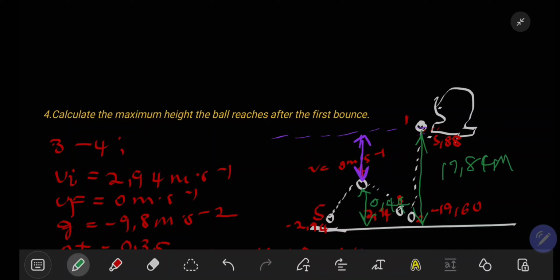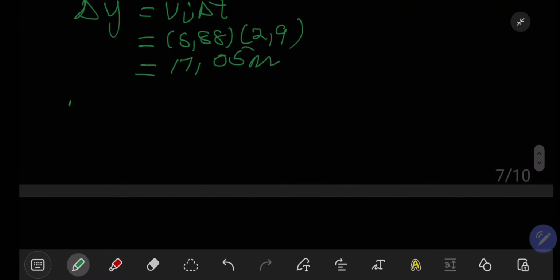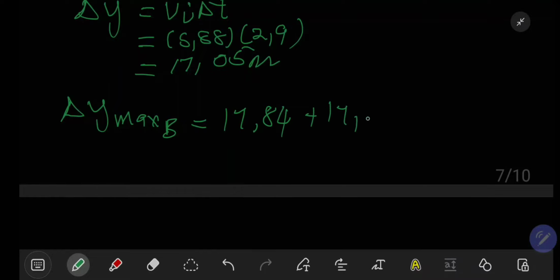Since we know the initial displacement from the balloon to the ground, and now we know the distance traveled by the balloon since the ball was dropped, we can now get the maximum displacement for the balloon. It means we're going to add that 17.84 plus this 17.05.